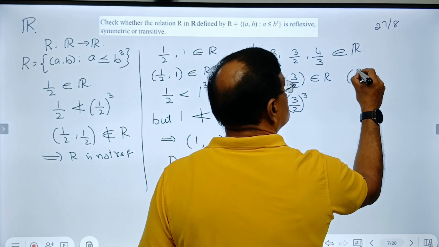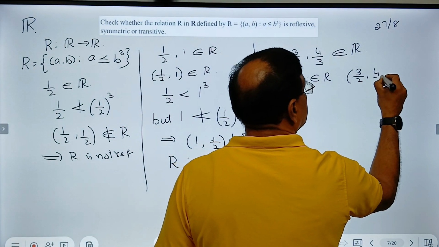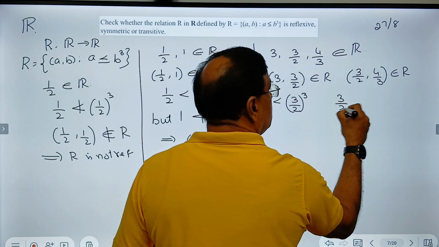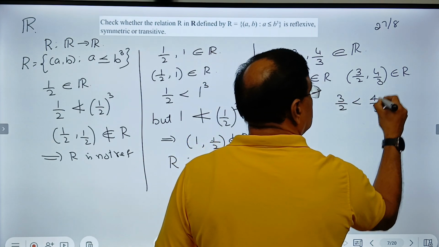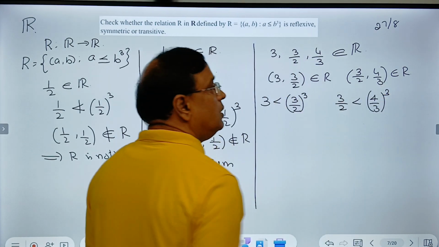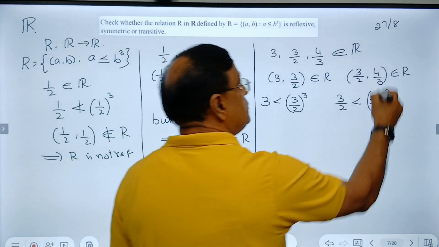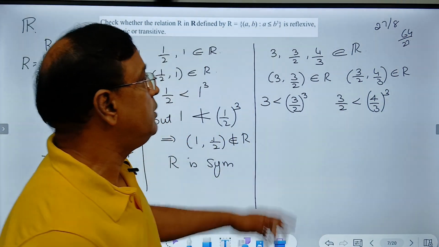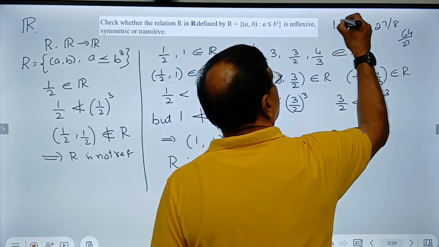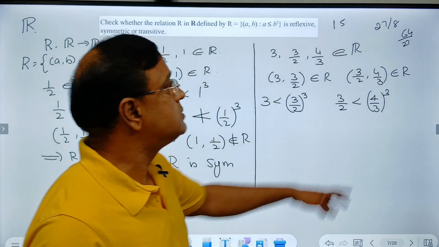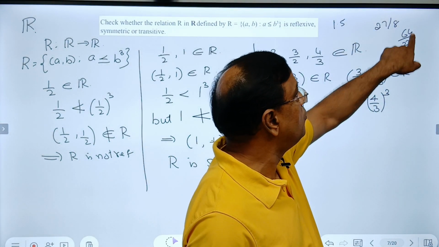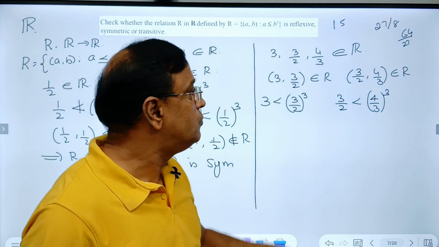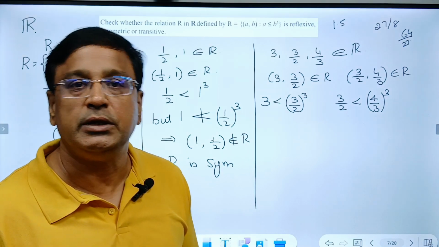Now, you also know (3/2, 4/3) belongs to R. That means 3/2 is less than (4/3) the whole cube. (4/3) the whole cube is 64/27. Okay. So 3/2 is 1.5, and 64 is more than double of 27. So this will be 2 point something. So definitely 3/2 is less than (4/3) cubed.